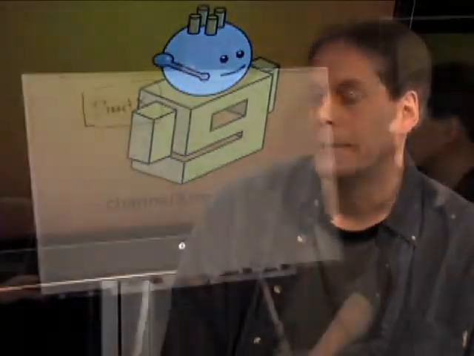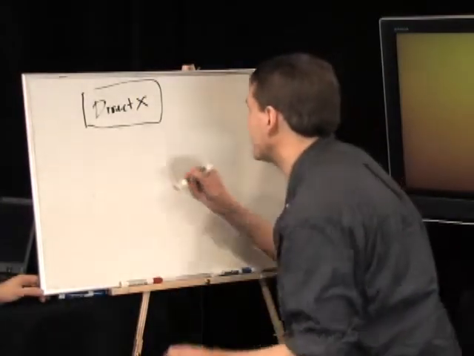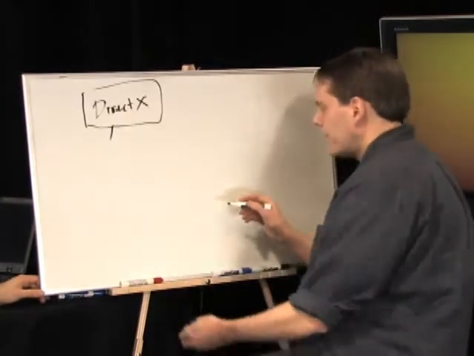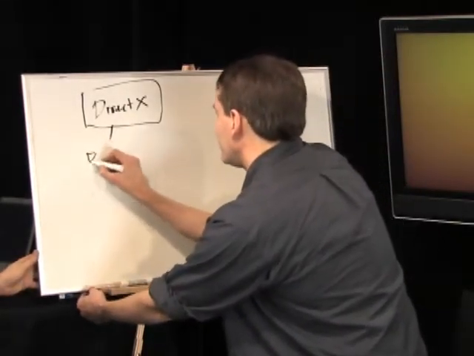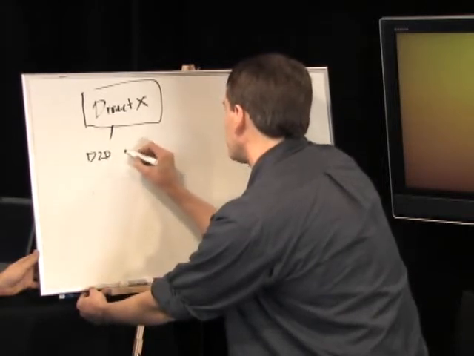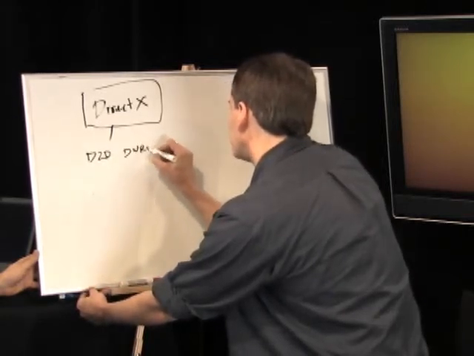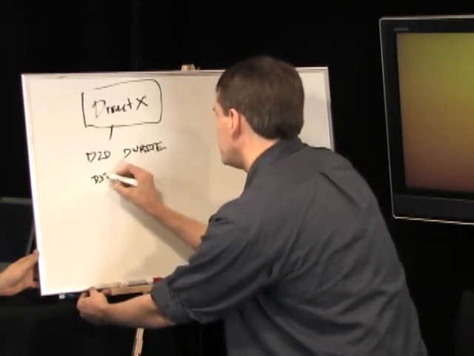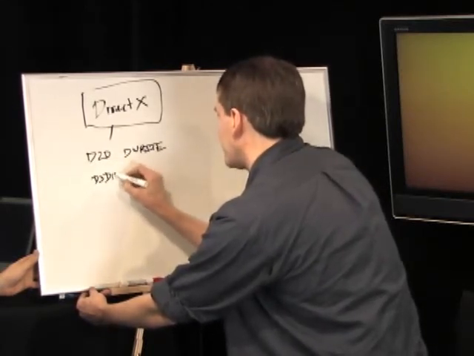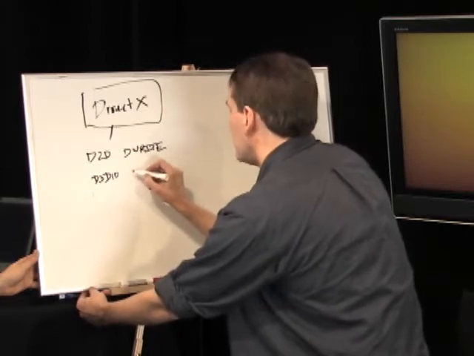You can think of Direct2D as being analogous to Direct3D. So we can expand this box a little bit, and there's a bunch of boxes in here now. There's D2D, there's DWrite, there's D3D, and in particular, I'm going to highlight D3D10.